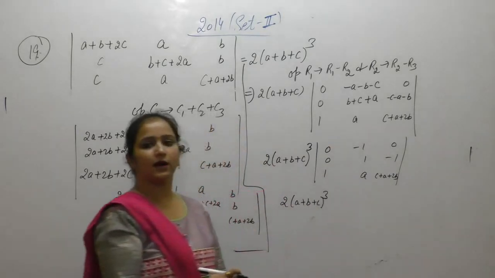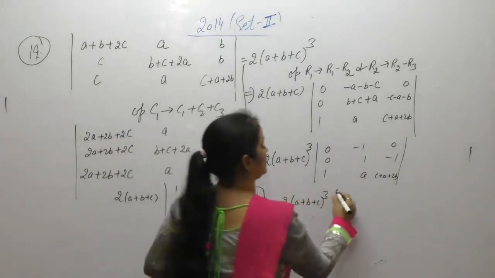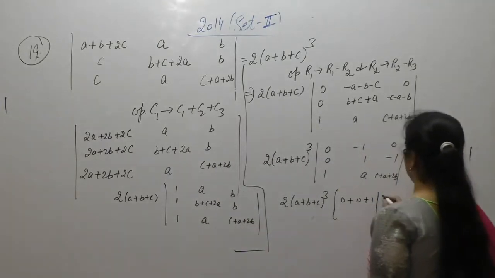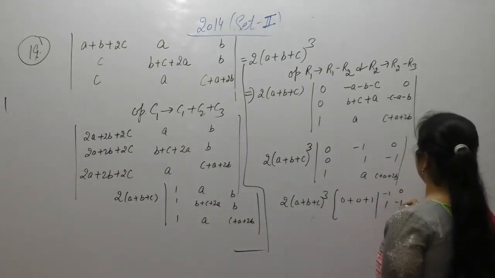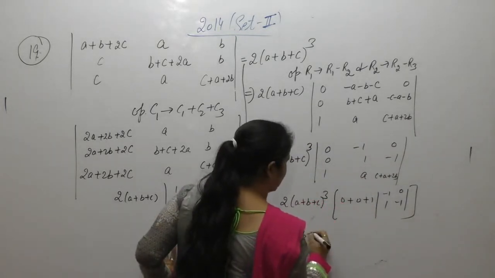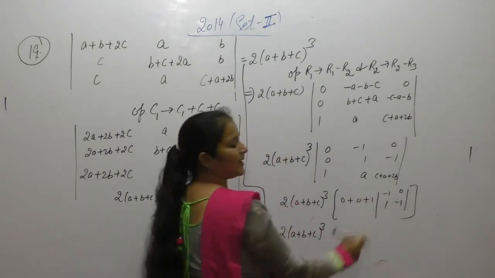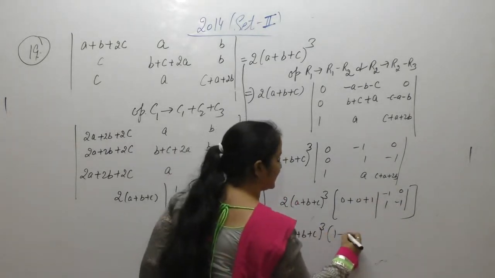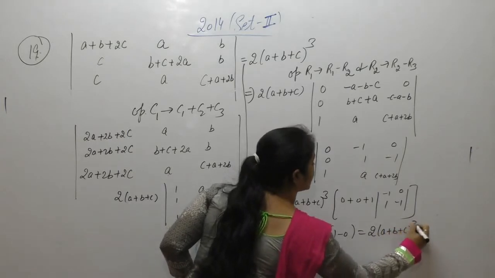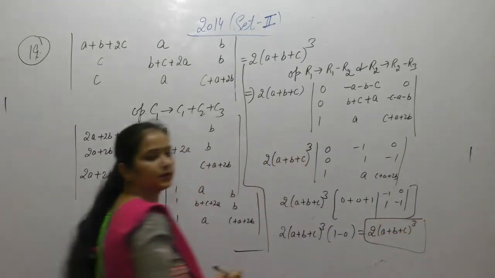Now expand it along the first column. First two terms are 0, plus 1 into minus 1, 1, 0, minus 1, 2a plus b plus c whole cube, plus 1 minus 0. 1 minus 0 is 1. So we get 2 times a plus b plus c whole cube.